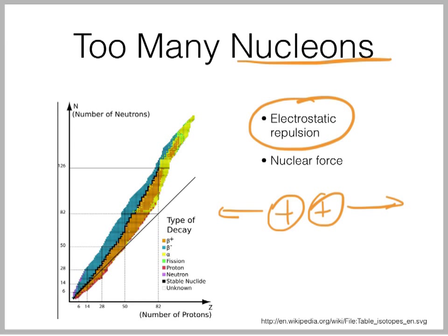What keeps protons together in a nucleus is something called a nuclear force or a strong force, and that is a force that acts at extremely short distances, which is an attractive force. Now that attractive force, that nuclear force, that strong force, overcomes electrostatic repulsion within a nucleus and keeps the whole thing bound up together.